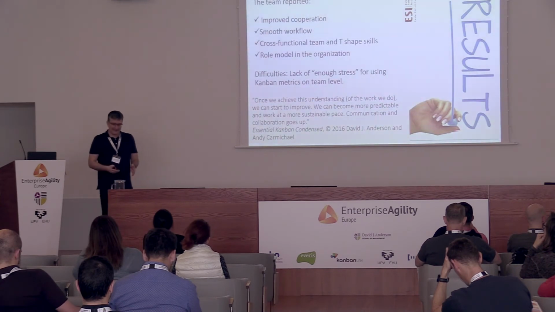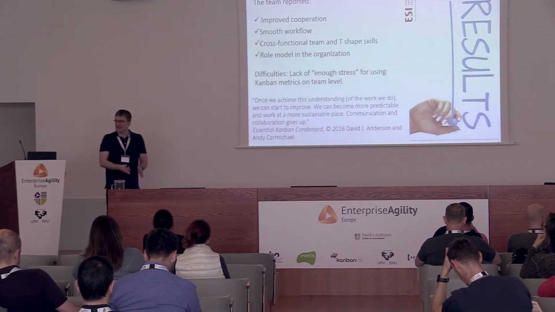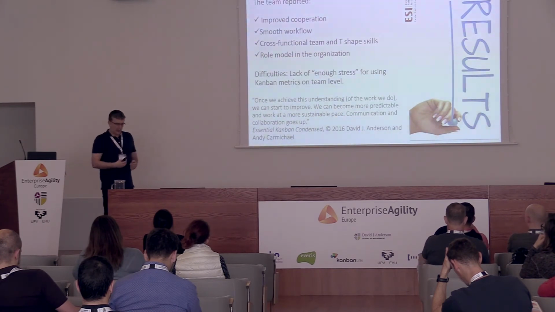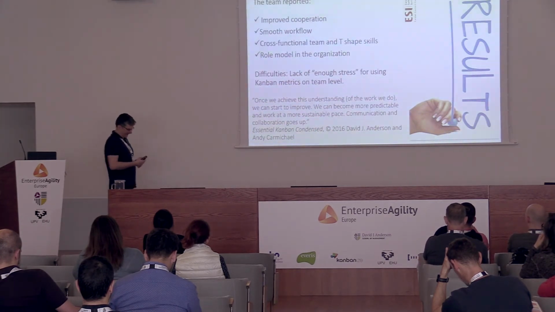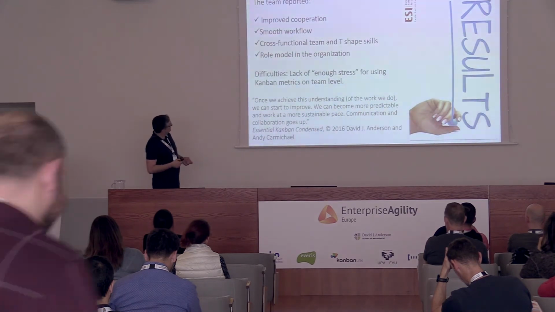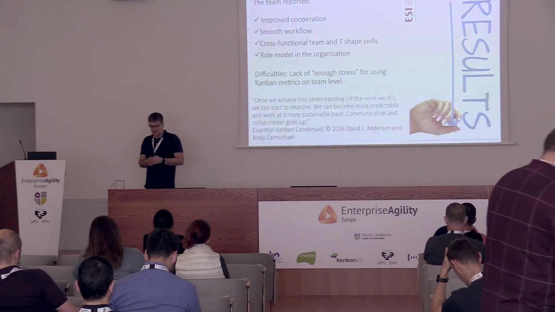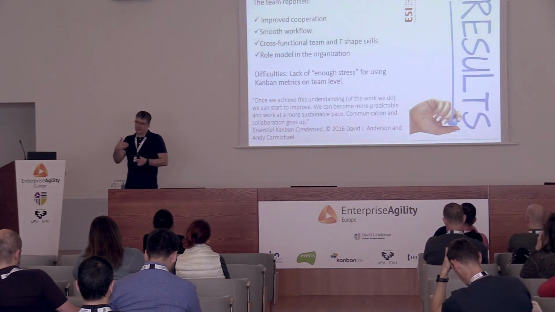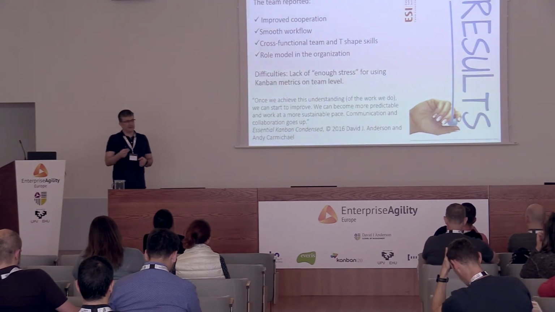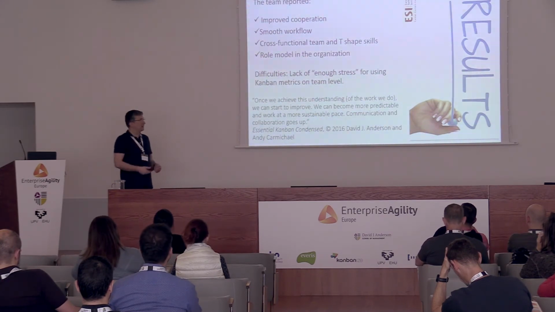So the narrow specialization of the people in the team changed to good, because nowadays they're able to help each other. It's a role model in the organization. They're known as a very productive team within the organization, and it was easier to start with other teams because they have already seen it was working.